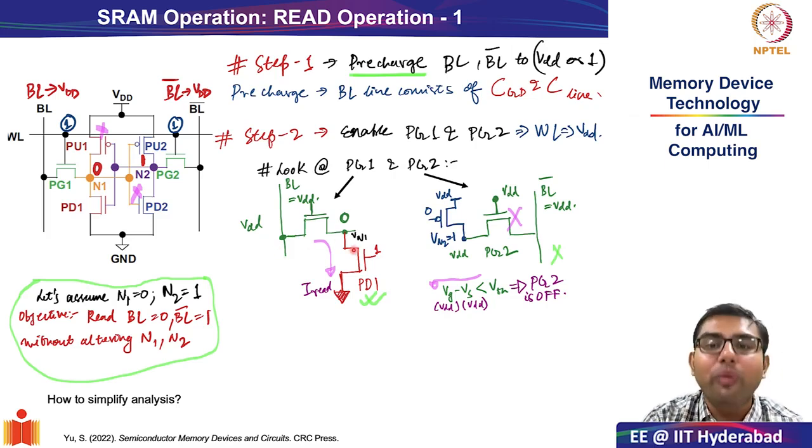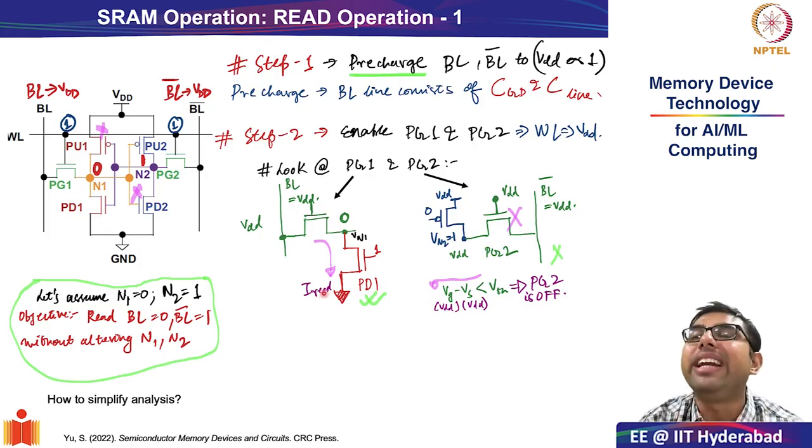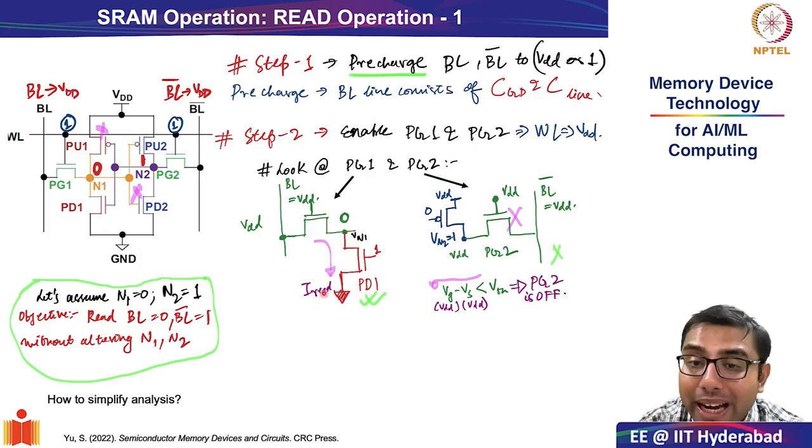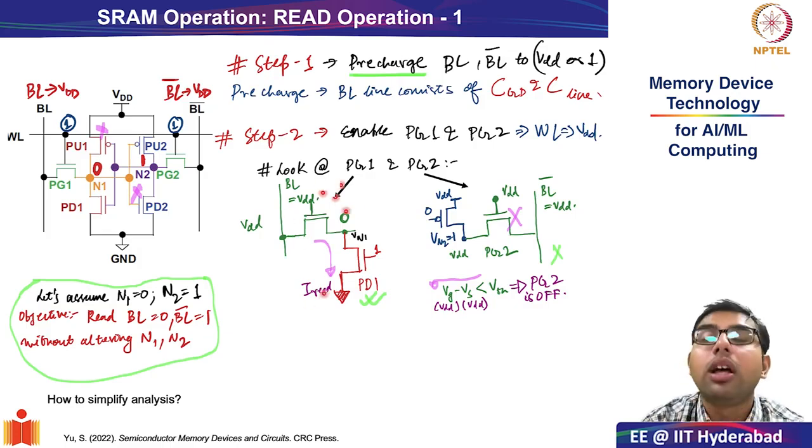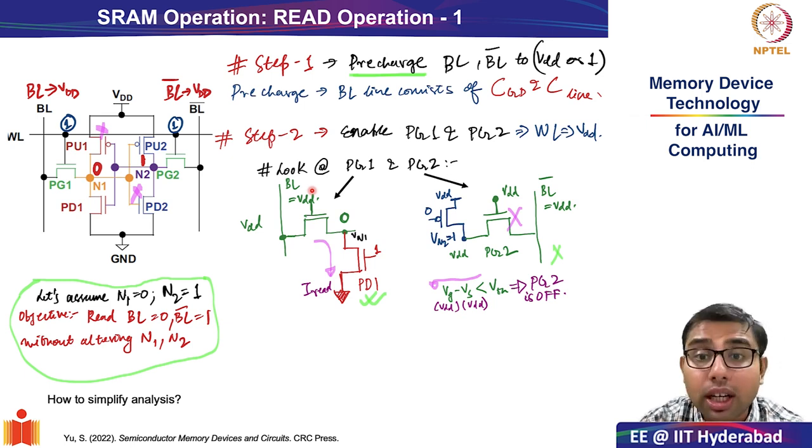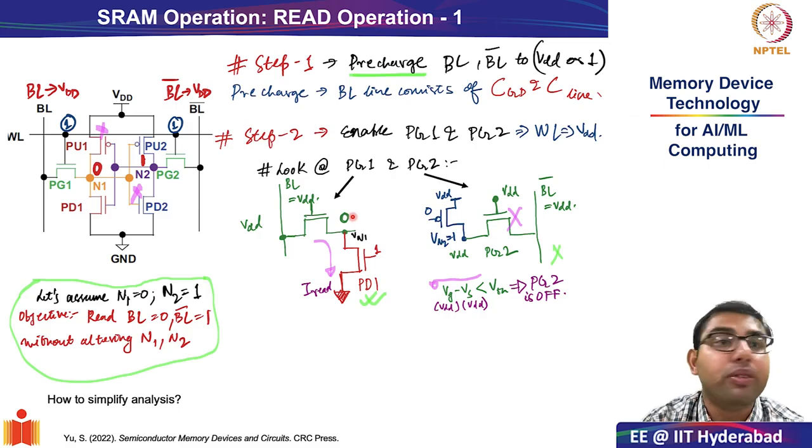So now we see where the activity in the read cycle will be initiated from, through this I read current. To repeat, PG1 will indeed be turned on because it meets the condition VGS greater than VTH. Here VGS is VDD minus 0, which is greater than VTH.